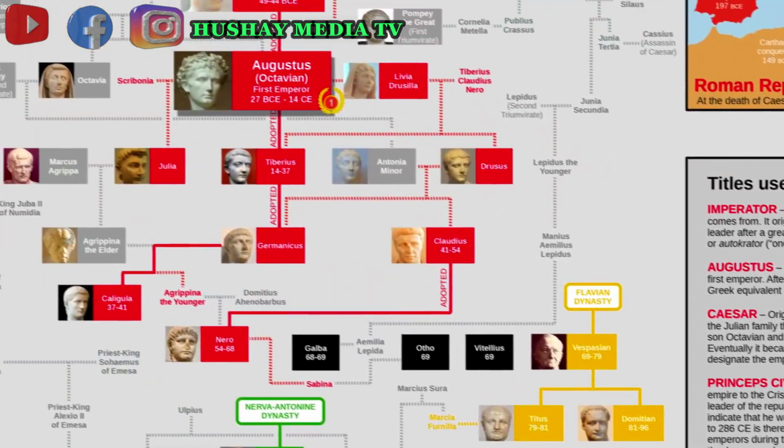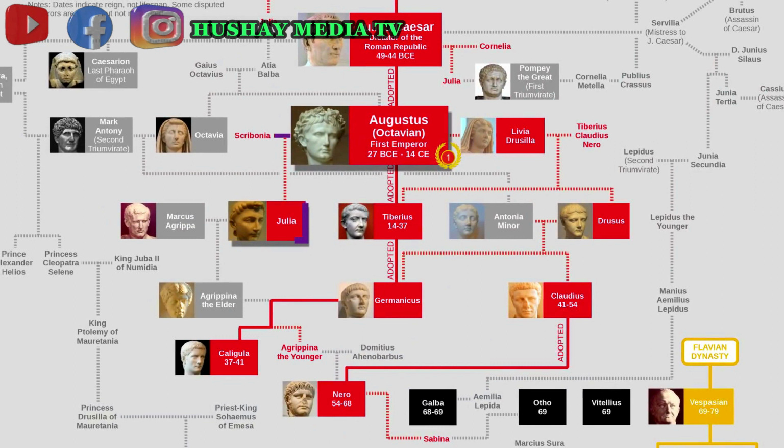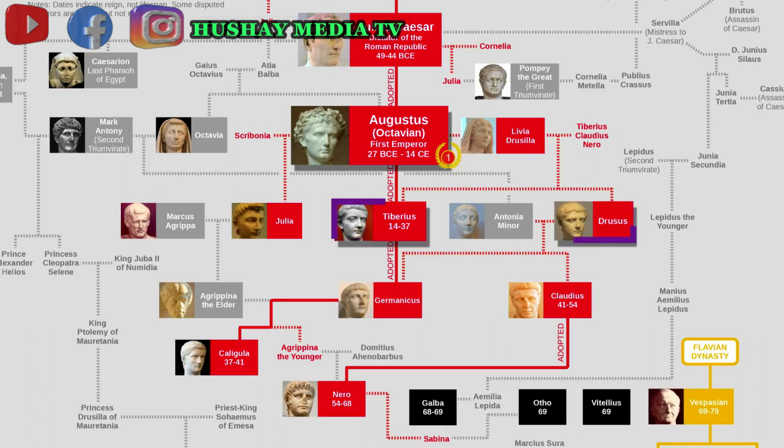Now, Augustus did not have any sons, but he did have a daughter, and that daughter married the famous general Marcus Agrippa. And these 2 did have sons who were meant to become the heirs of Augustus. But they died young, and so Augustus named his 2 stepsons, Tiberius and Drusus, as his heirs.